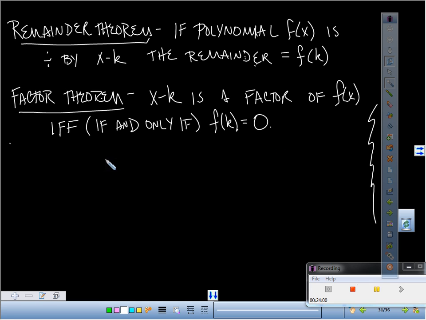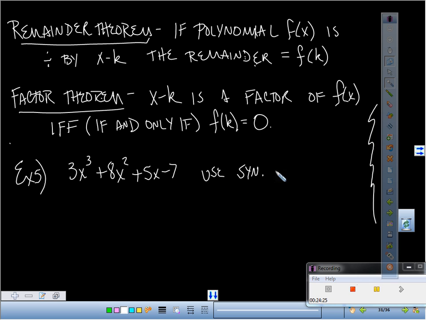All right. So let's do this. This is example 5. We are going to take 3x to the third plus 8x squared plus 5x minus 7, and we're going to use synthetic division to evaluate when x is equal to -2.